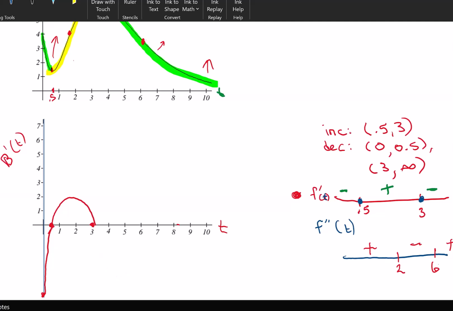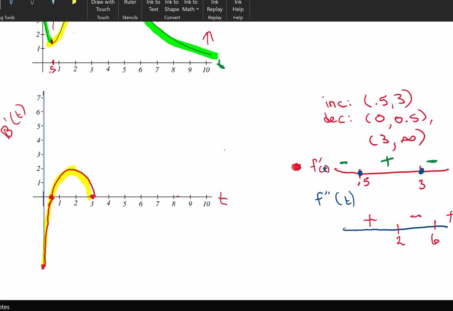Let's do this. Let's look at what's happening with the second derivative. So the second derivative is positive, which means it's concave down. It is concave down all the way to 2. This is all concave down. Then at 2, it's still increasing, but it's increasing more slowly until it gets to 3.